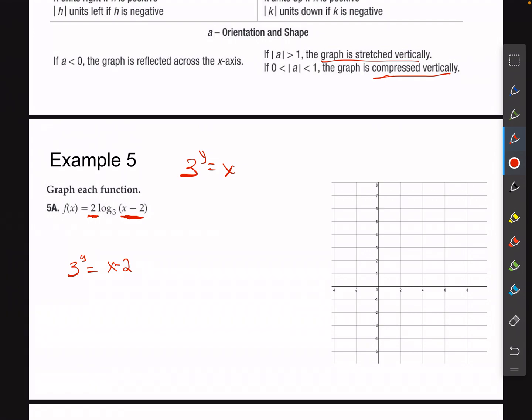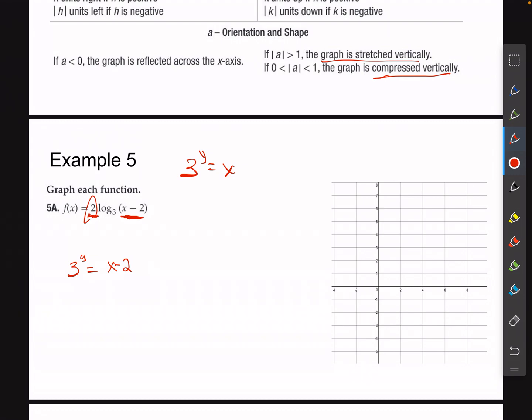But then what we have to consider with this is that we have to multiply our answer by 2. So we have to multiply whatever we get there by 2. So in order to do that, let's make a table.